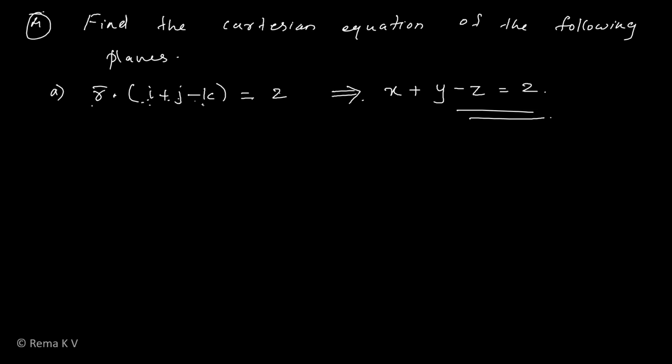Check whether this is a unit vector. This is not a unit vector, as the coefficients are 1, 1, minus 1. Taking the sum of squares, 1 plus 1 plus 1, it becomes 3. So this is not the distance from the origin. If you have to get the distance from the origin, you have to divide both sides by root 3.